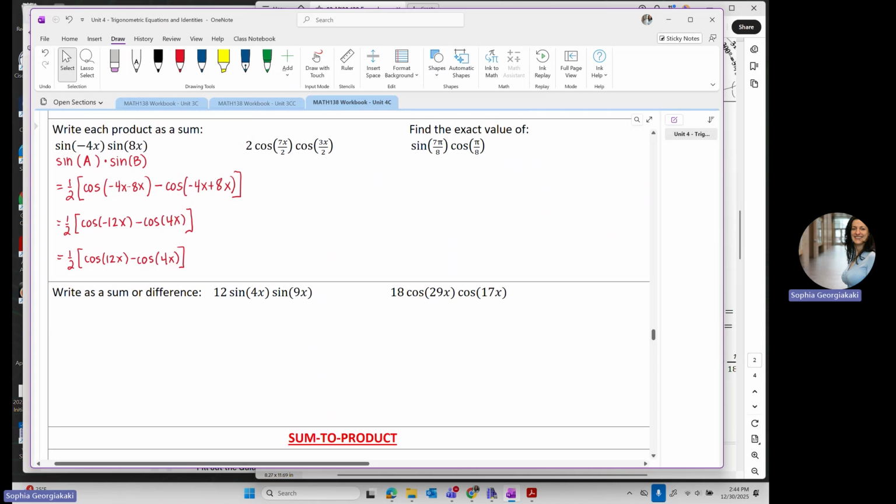The next one is 2 times the cosine times the cosine. So this is cosine of A times the cosine of B. And there is a 2 here, so actually they never divided by 2, or the product of the cosines will be 1/2 of a sum or a difference, and the 2 and the 1/2 will simplify.